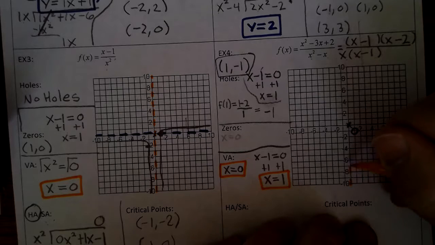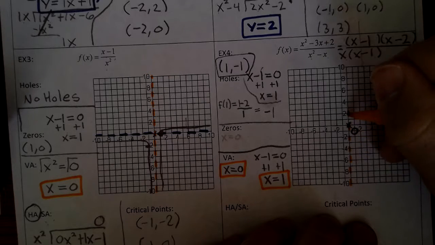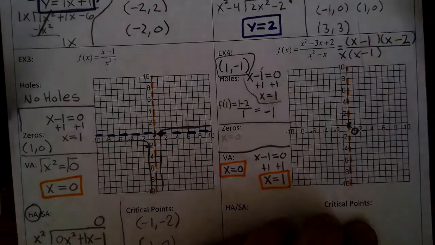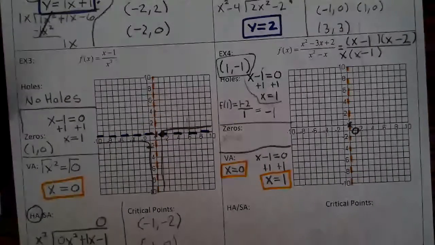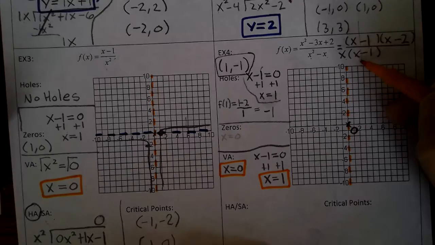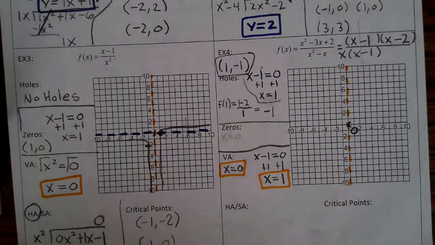Oh, but wait, almost forgot. This is gone. So, and you have to be careful with that. Because this is gone, it's not a vertical asymptote. Okay? So we only have a vertical asymptote at x equals 0. Okay? You have to be careful. If this divides and becomes 1, we don't use it. Okay?